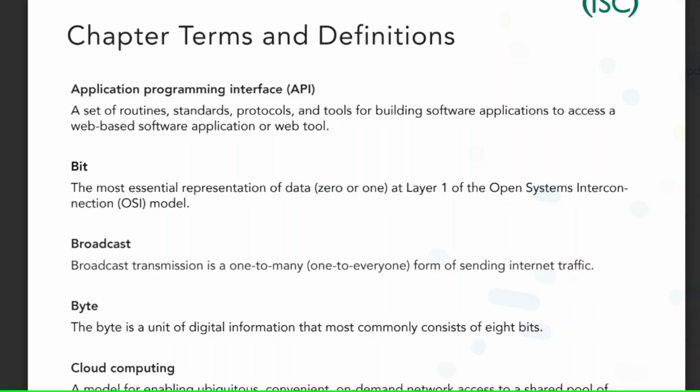API stands for Application Programming Interface, a set of routines, standards, protocols, and tools for building a software application to access a web-based software application or a web tool. I repeat, API stands for a set of routines, standards, protocols, and tools for building software applications to access web-based software applications or a web tool.